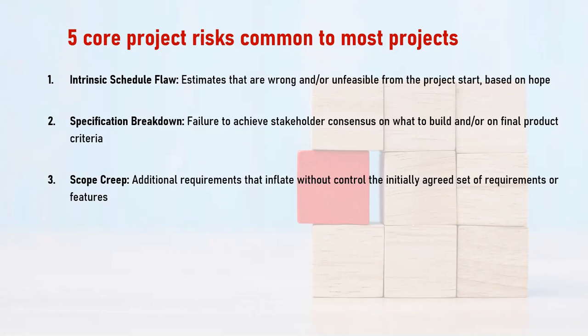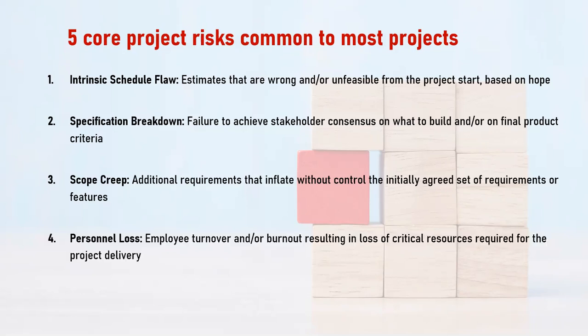Additional requirements that inflate without control, beyond what you originally agreed upon. And scope creep comes from the fact that we've gotten our stakeholders used to very punitive change request paradigms, so while the hood is up, they try to get as many changes in as possible.